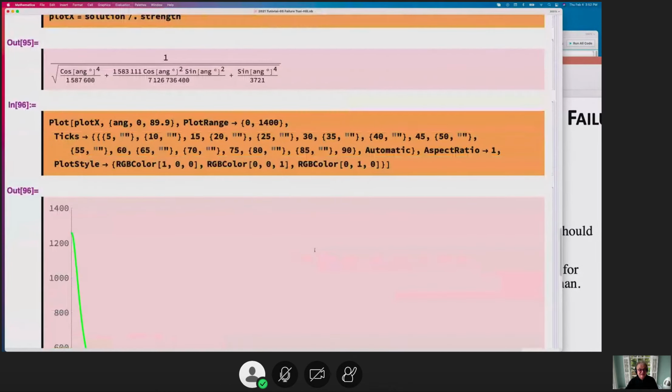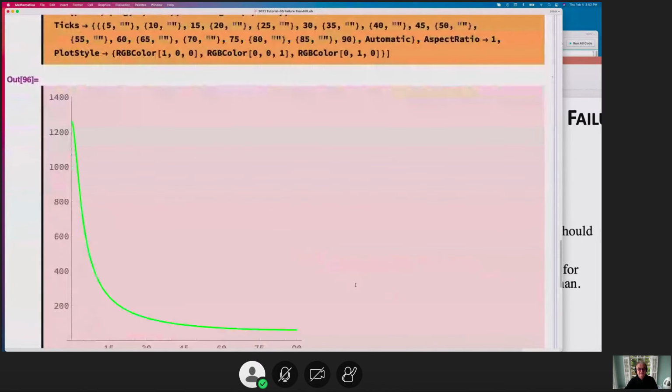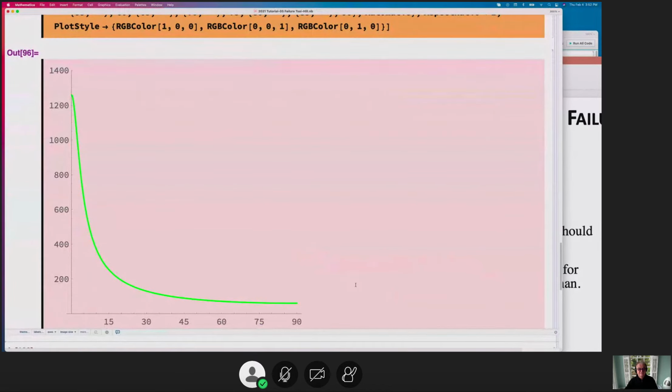But basically, this is the failure envelope for a single layer with orientation angle, stretched along the axis sigma x, and failure load on the vertical axis.